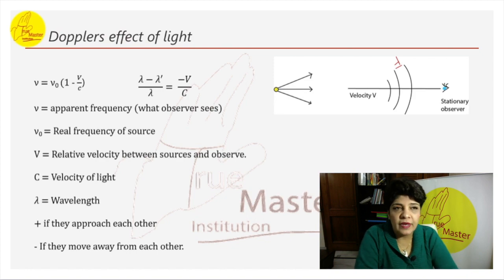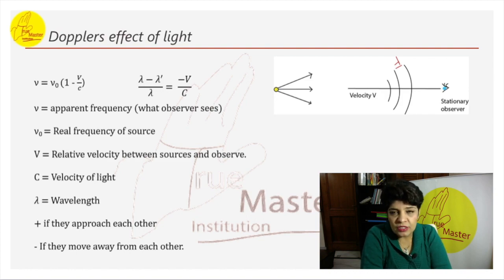Doppler's effect of light. Whenever there is a relative motion between the source of light and the observer, the frequency of light received by the observer is different from the frequency actually emitted by the source. The phenomenon of apparent change in frequency of light is called Doppler's effect of light.